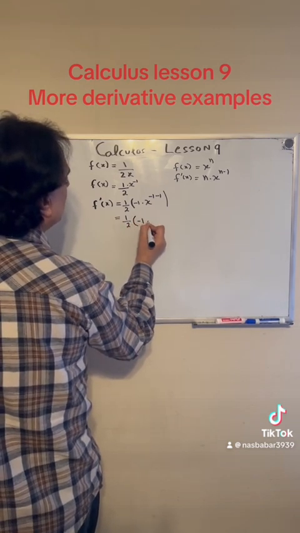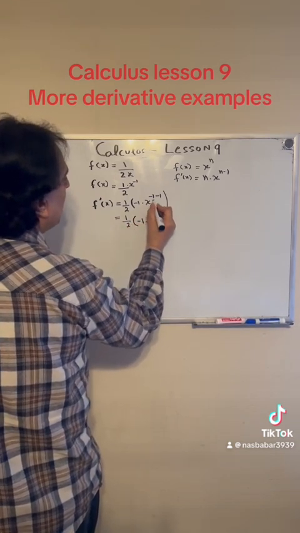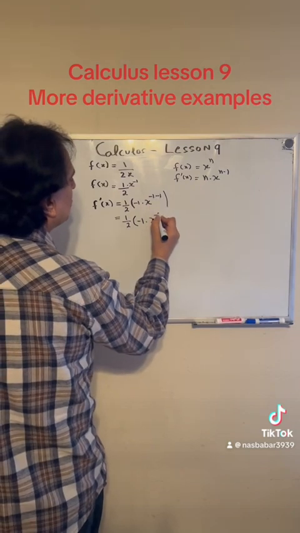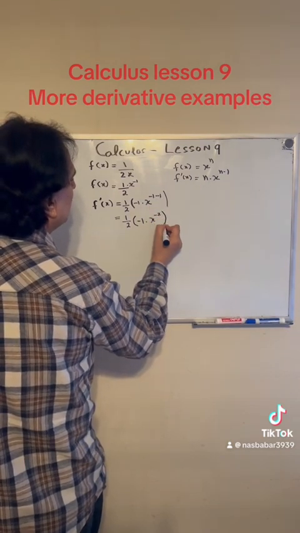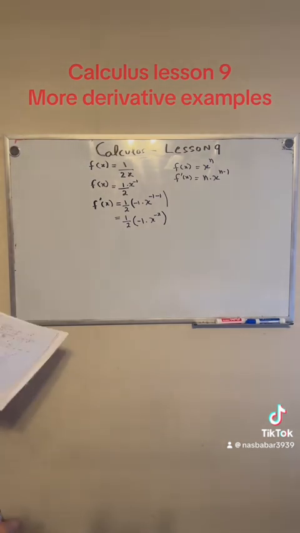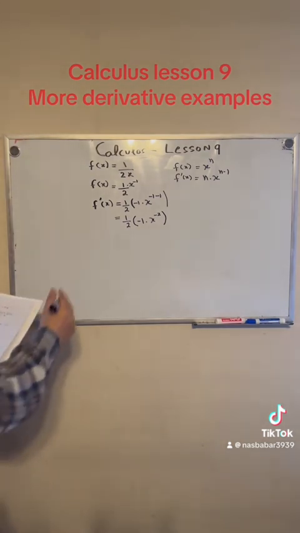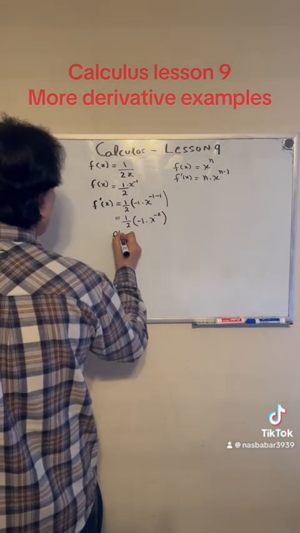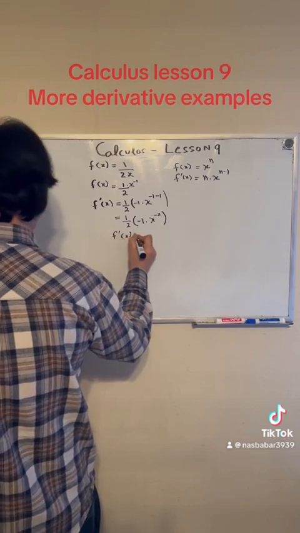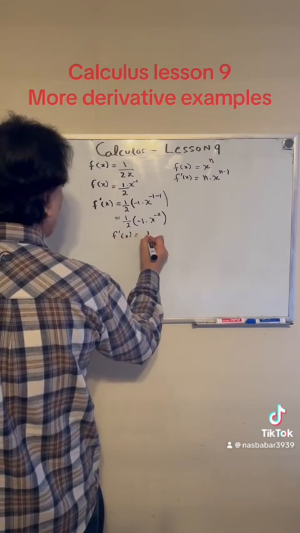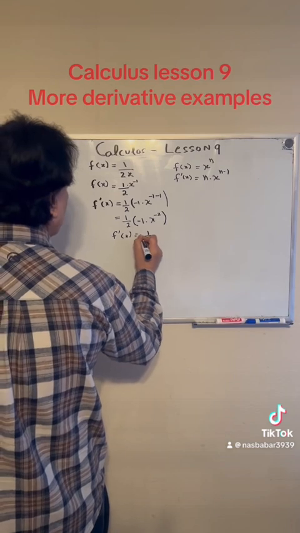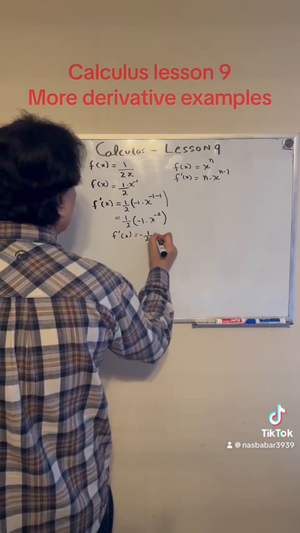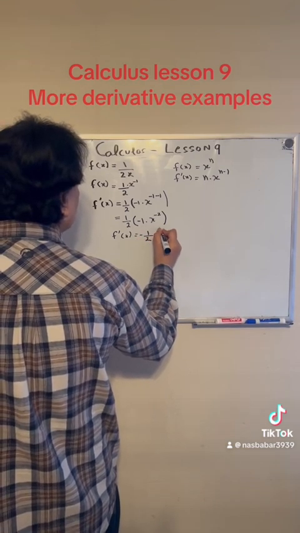minus 1 x to the minus 1 becomes minus 2, all right? So if you simplify this further, f prime of x will be equal to negative 1 over 2 times x to the minus 2.